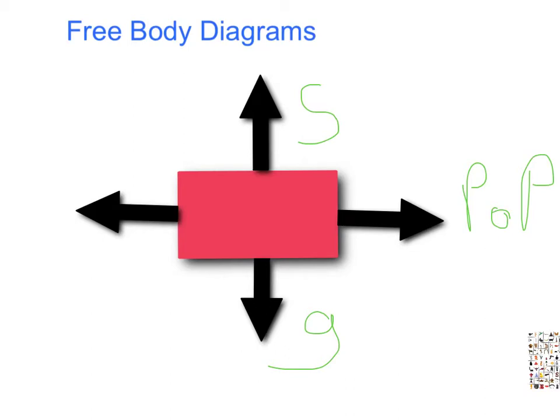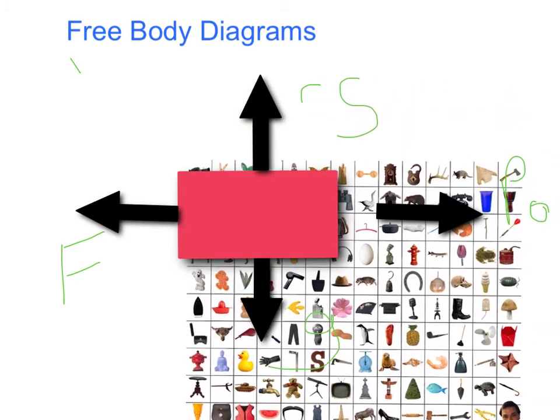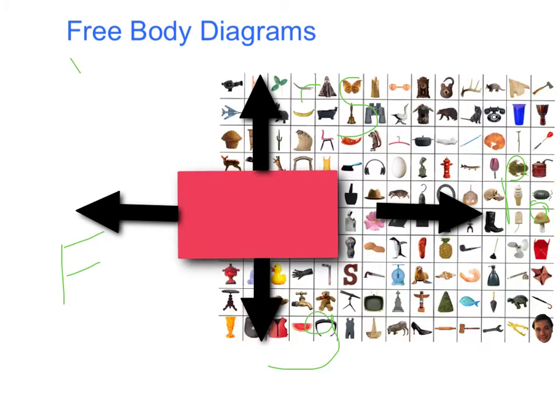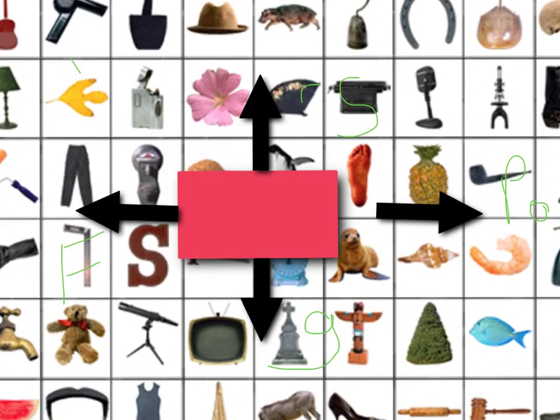And the last one is going to be the friction. So basically, any of these objects can be represented by a free body diagram.